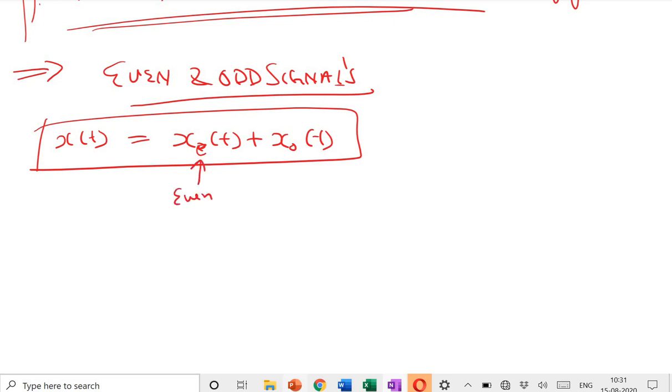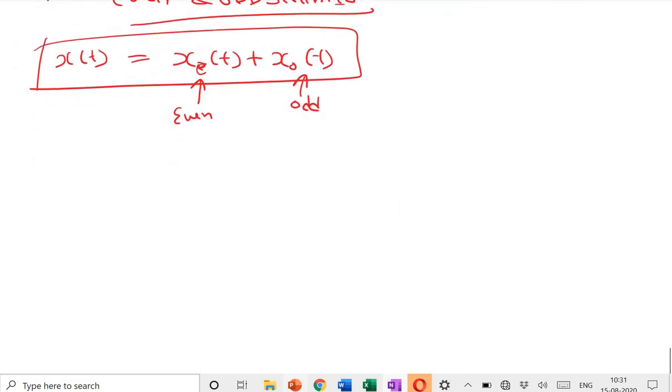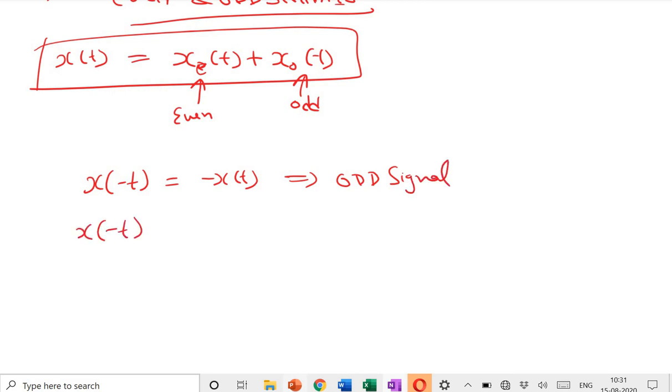This is the even component, this is the odd component. Basically, an odd signal is a signal where x of minus t is equal to minus x of t. And in case of an even signal, x of minus t is equal to x of t.